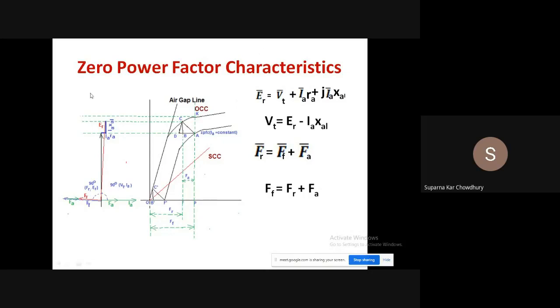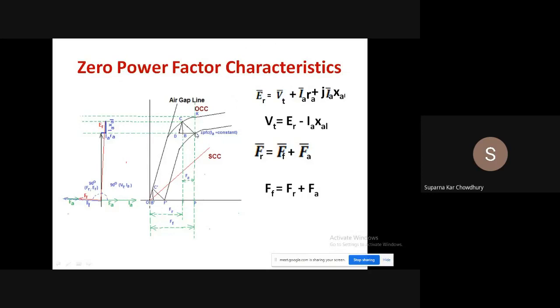So from this point corresponding to ER, this is the point on the OCC. So if OCC gives the relationship between ER and FR, this is our FR. And this point is the zero power factor point, corresponding to Vt.